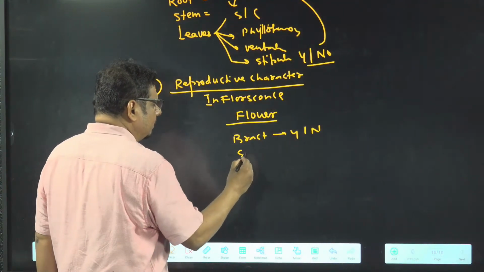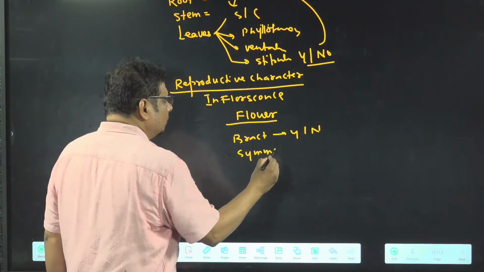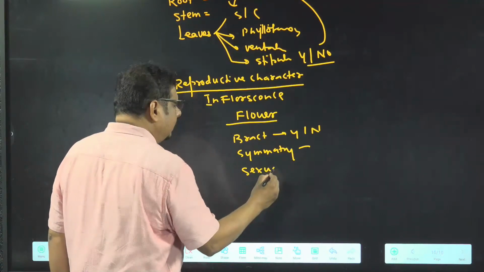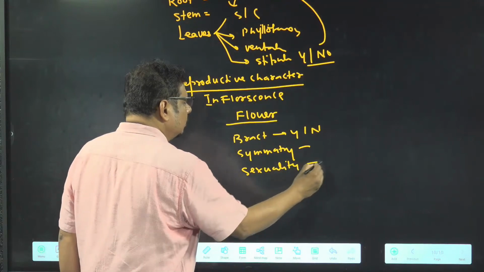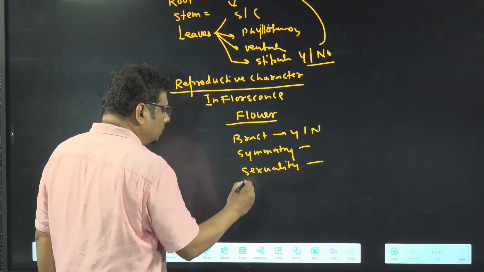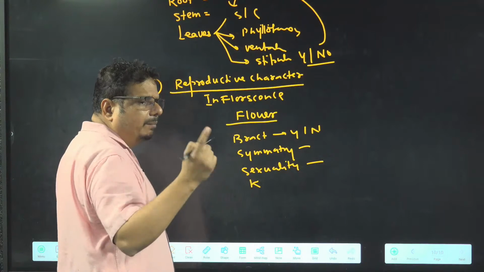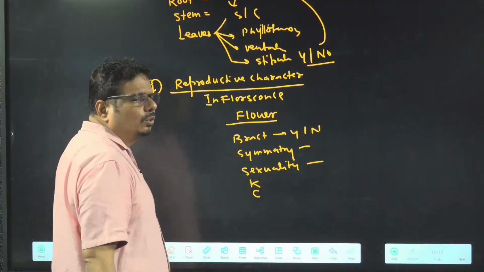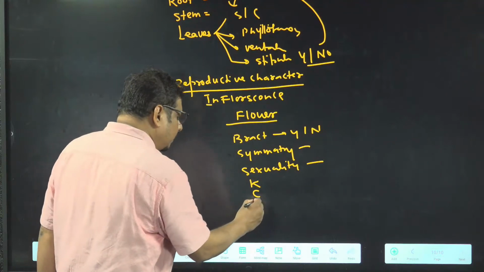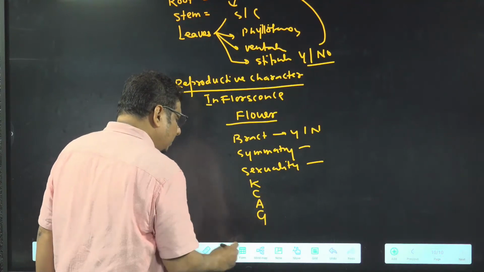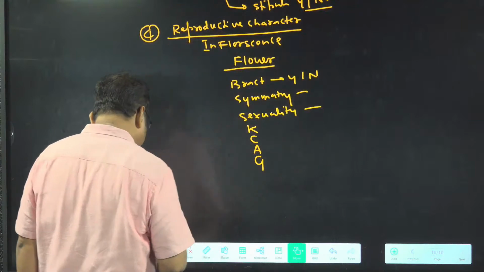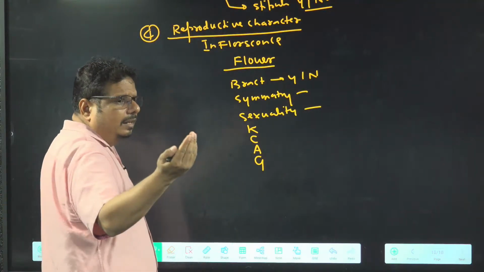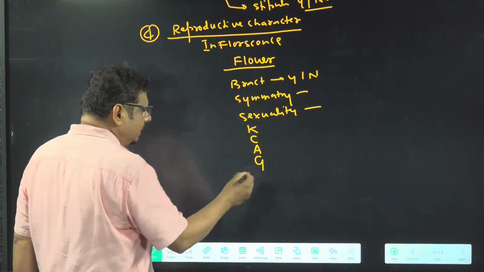You have to say about symmetry, which kind of symmetry is present. You have to say about sexuality, either unisexual or bisexual. You have to say about calyx, number of sepals, fused or free. You have to say about corolla, androecium and gynoecium. In gynoecium, the details are either apocarpous or syncarpous. Getting the idea or not?